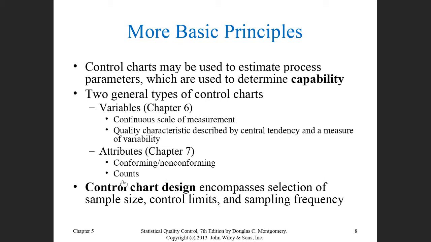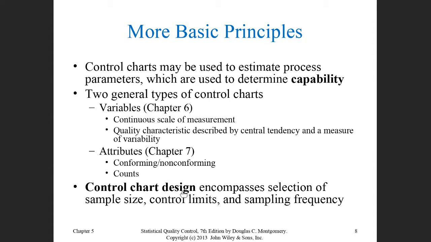Or when we use attribute data, then we will study the control charts for attributes in chapter 7, like number of counts, number of defects. Then it will have a different type of control charts.